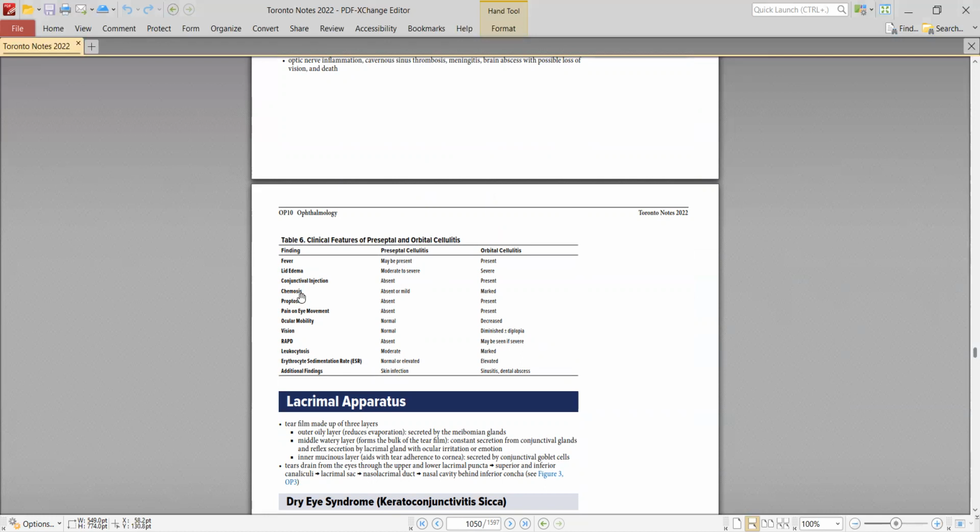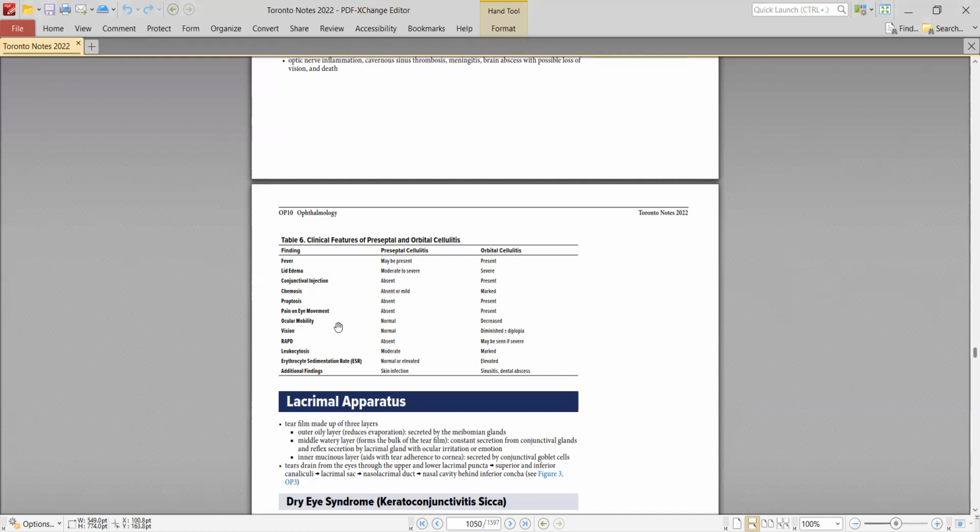Chemosis means inflammation or redness of the conjunctiva. Chemosis is not there, proptosis is not there, eye swelling is not there, pain on eye movement is not there. This is very important. Pain on eye movement is super, super important.